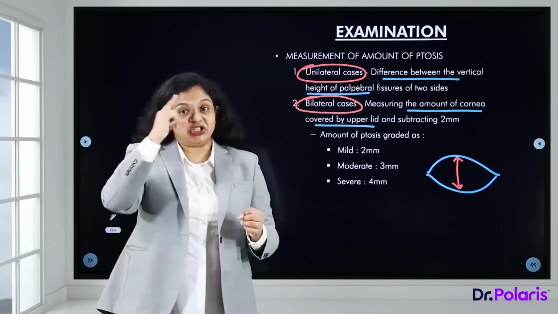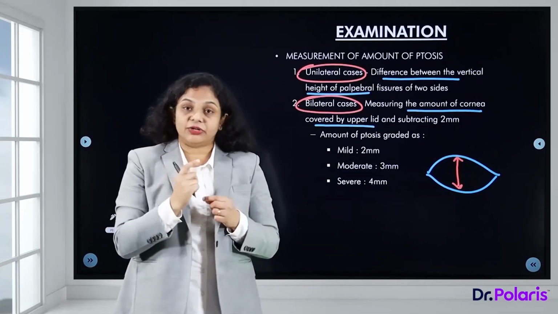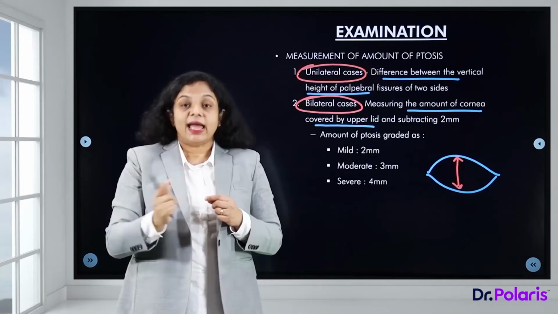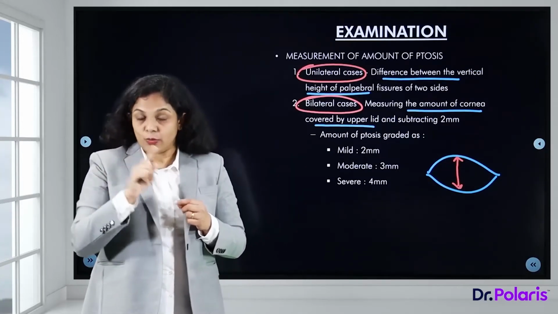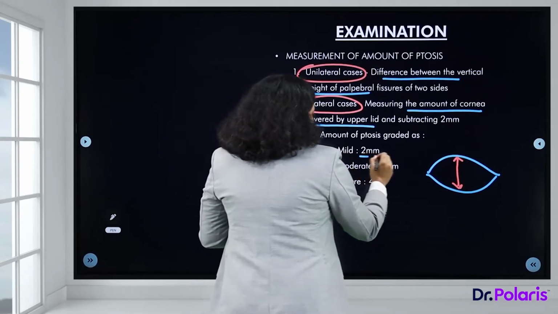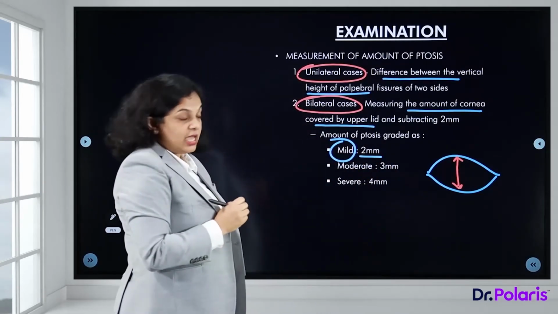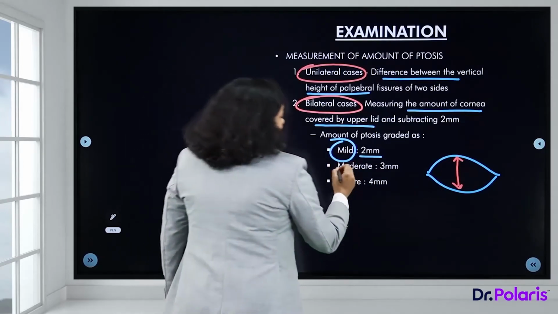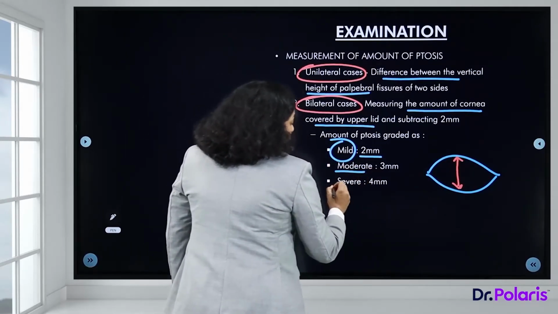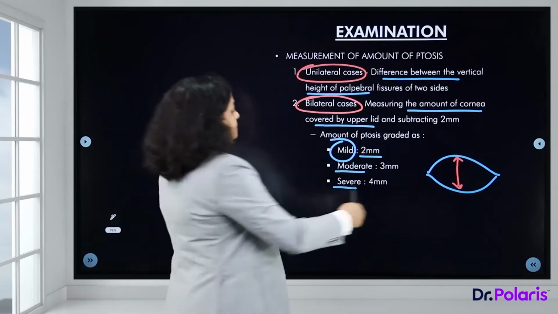So here we will measure one eye and the other eye as to how much of the cornea is getting covered by the ptotic lid, and then we will decide how much the ptosis is. Okay, so if it is 2 millimeters only, then it is a mild amount of ptosis. If it is 3 millimeters, it becomes moderate. If it is 4 or more, it becomes severe ptosis.